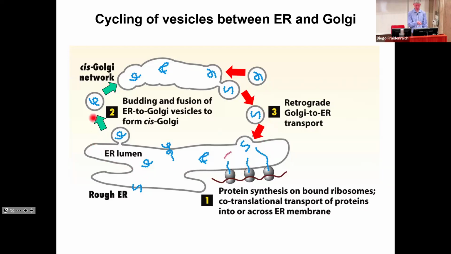So there are vesicle movements either from one side to the other or in the opposite direction. And this is not random. This is all very controlled, because the endoplasmic reticulum contains a certain protein composition, and the Golgi is the same, a certain protein composition. And so this helps to create an identity of these organelles.